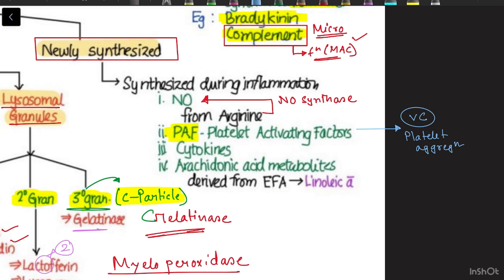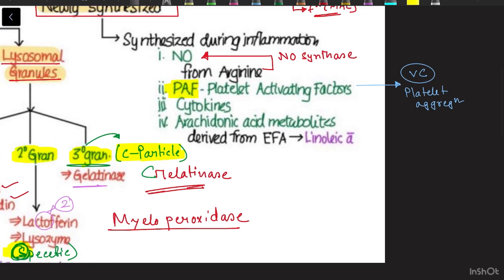Then we have cytokines. We'll discuss this cytokine part only in a little bit of detail because it's something you don't read very well in the biochemistry part. And then you have the arachidonic acid metabolites. These are basically leukotrienes and prostaglandins. So this is already finished in biochemistry.